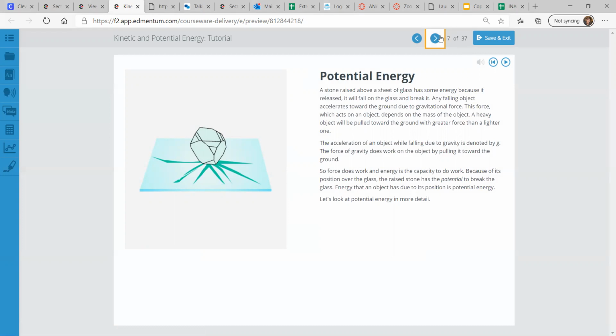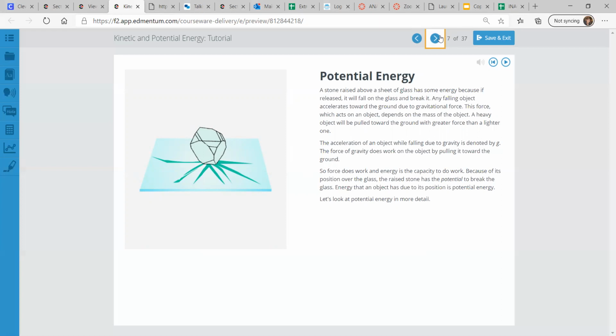The acceleration of an object while falling due to gravity is denoted by g. The force of gravity does work on the object by pulling it toward the ground. So force does work and energy is the capacity to do work. Because of its position over the glass, the raised stone has the potential to break the glass.